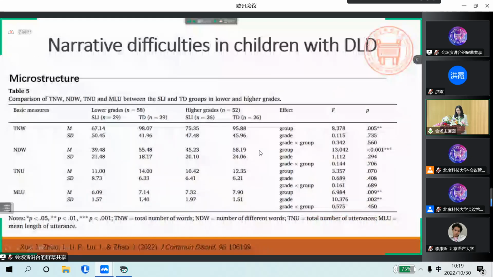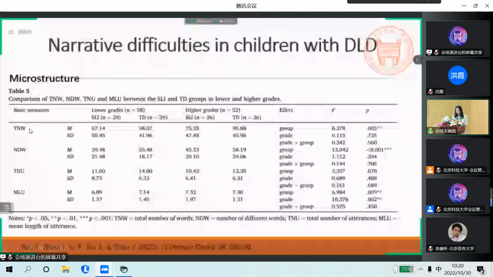About the microstructure, these are basic measures for lexical and syntactic features: total number of words, number of different words, total number of utterances, and the mean length of utterance.